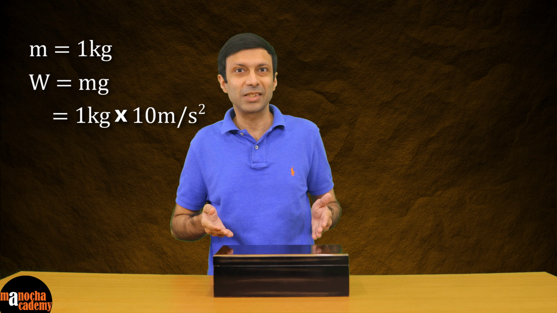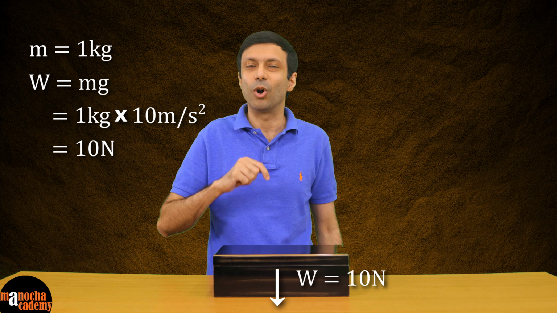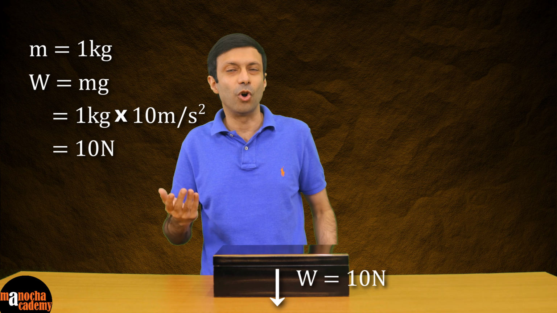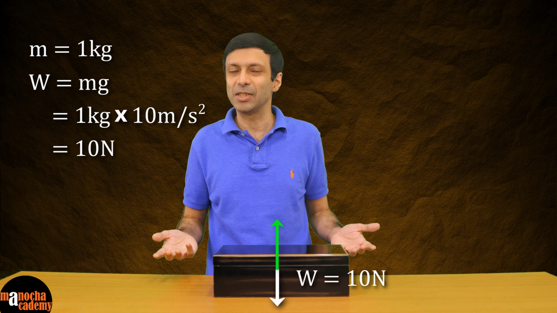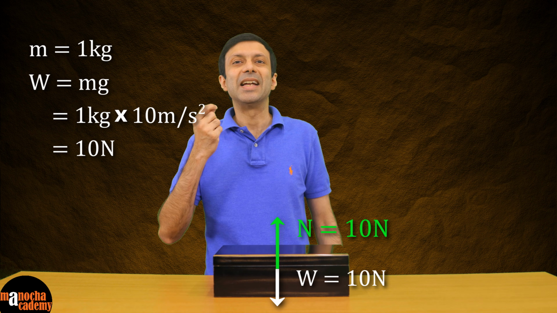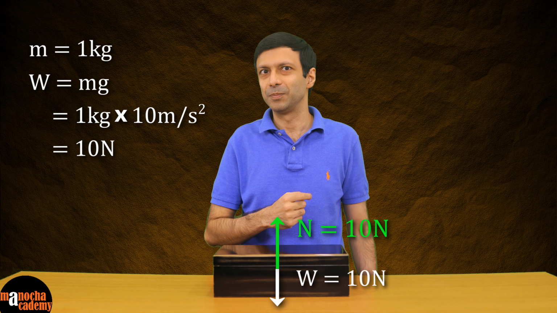So the weight of this box is 10 Newton and it is applying this weight on the table. It's the force on the table. So what will be the normal reaction of the table on the box? That's right, it's going to be the same as the weight here because there are no additional forces. So it's going to be 10 Newton. Normal reaction is equal to the weight here.